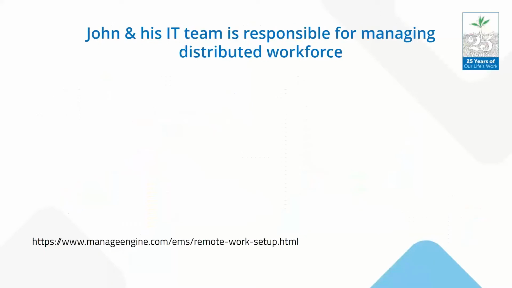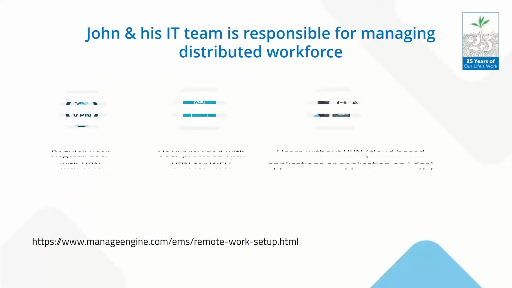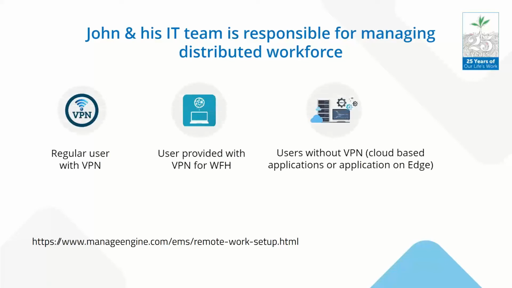During this COVID situation where we had a distributed workforce, John is facing three different types of users. One is a regular user who has a VPN, who has been with the organization and has been using the VPN for a very long time, and you already have a policy in place governing these machines.